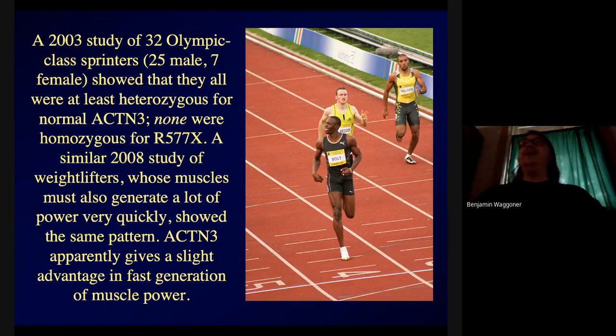If you're picking up an enormous barbell, you've got to be able to generate this huge surge of power in order to snatch and jerk it up over your head. Sprinters, it's the same thing. You have to generate huge amounts of power very fast in order to explode off the blocks and get to the finish line. And it seems that having the normal alpha-actinin 3 gives a slight advantage in speed, in being able to generate muscle power quickly.